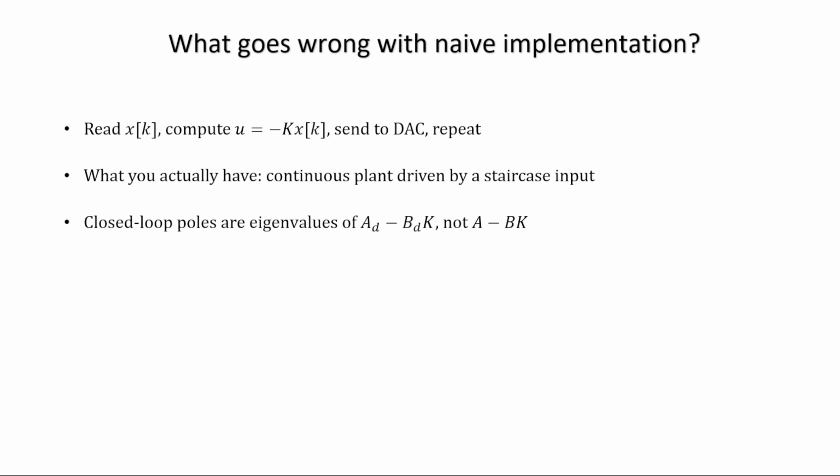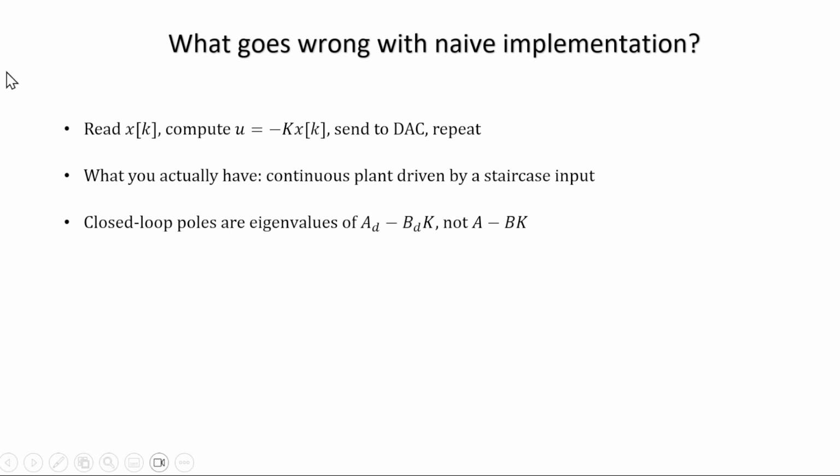This combination of a continuous plant driven by a discrete input is the problem. Its closed loop poles are not the eigenvalues of A minus BK now. They are the eigenvalues of some discrete version of the actual system, and that is the issue.